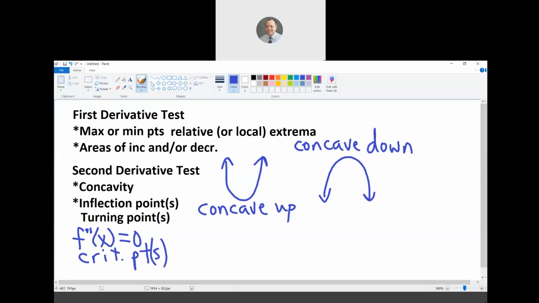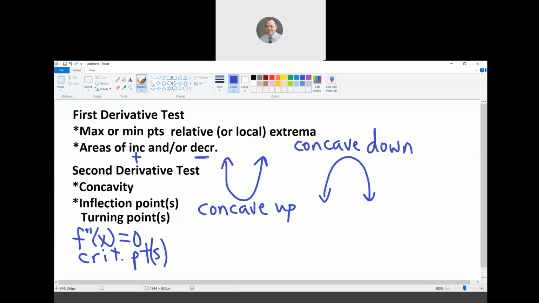Remember with the first derivative test, if you see a plus sign on your sign chart, that meant the interval or intervals where your function is increasing. If you saw a negative sign on your number line or sign chart, that means the area or areas where your function is decreasing.